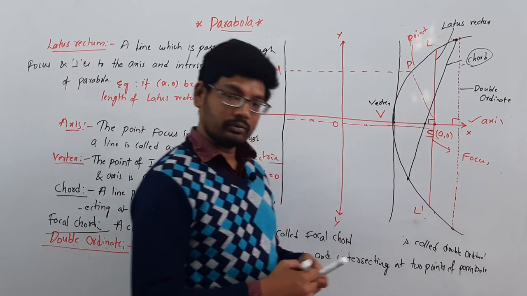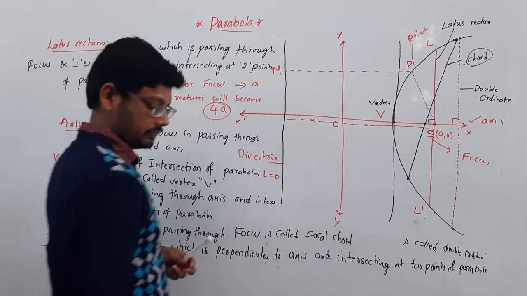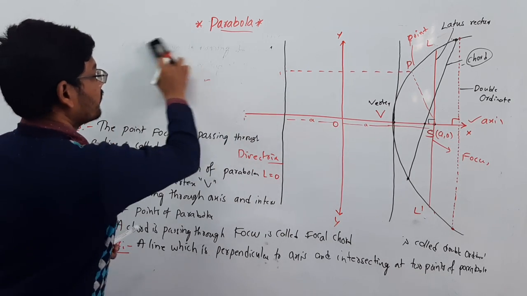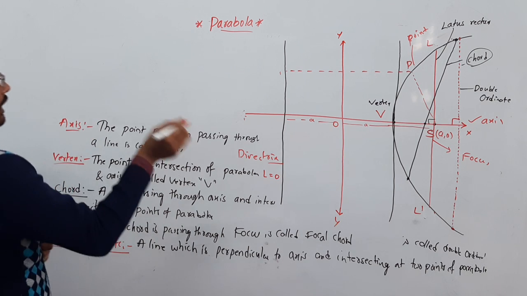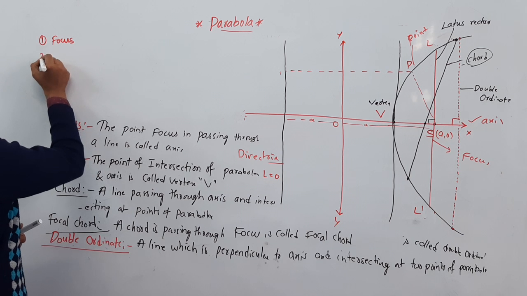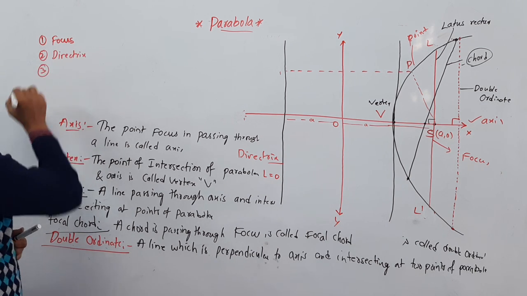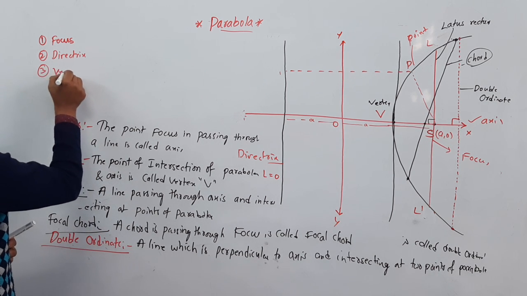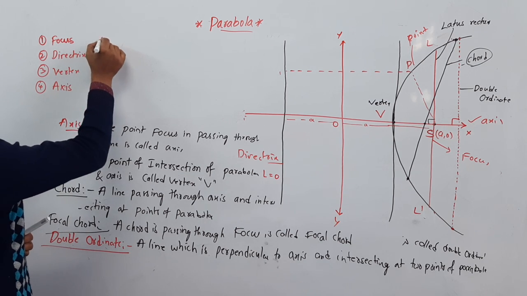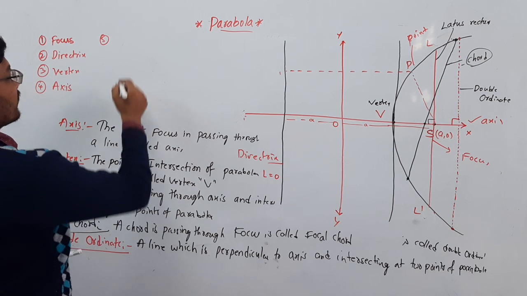I am repeating the points here. You have to remember the points of parabola. First, focus. What is focus? And what is directrix? Third point is what is vertex? Fourth point is what is axis? And the fifth one is what is latus rectum?